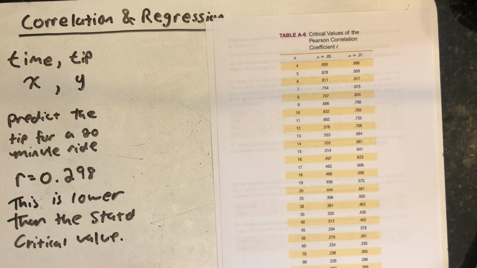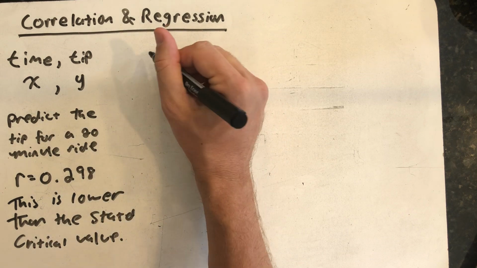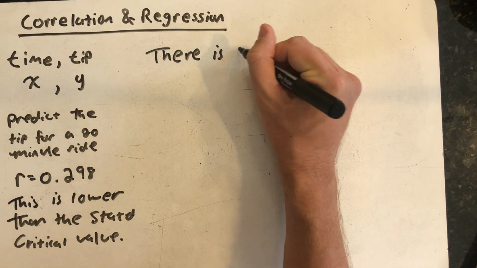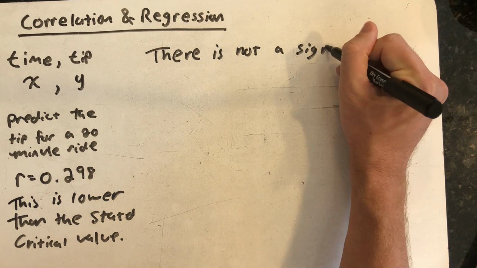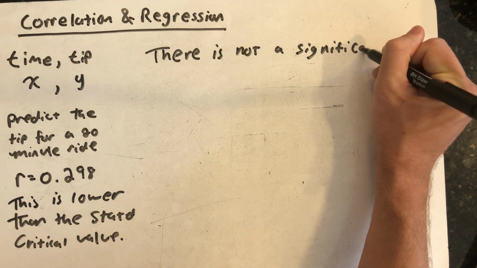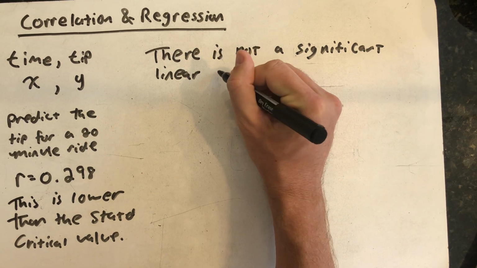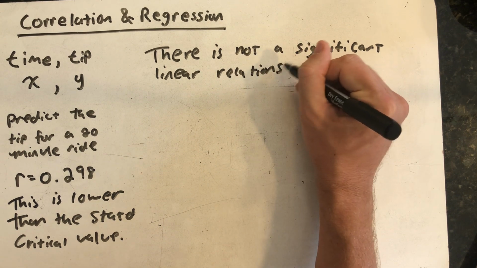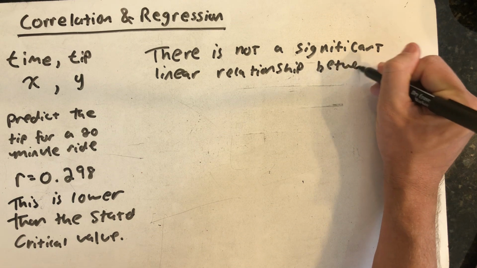So we can conclude that there is not a significant linear relationship between the time and the tip.